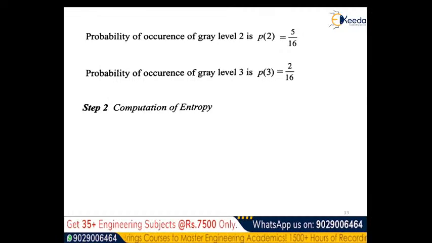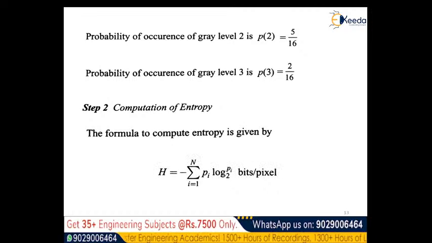The usual notation for entropy is capital H, and the formula is H equals negative of the summation for the index variable i ranging from 1 to capital N of p suffix i multiplied by log to the base 2 of p suffix i, in terms of bits per pixel.